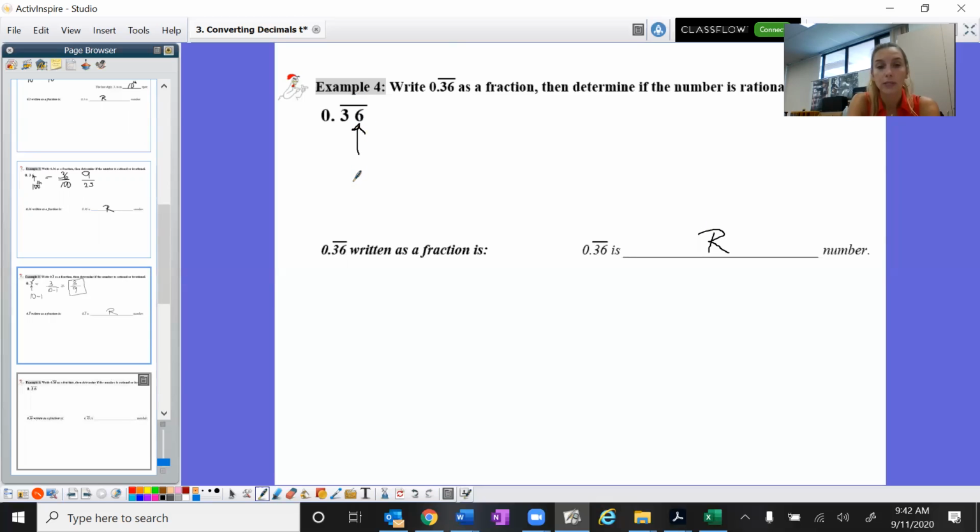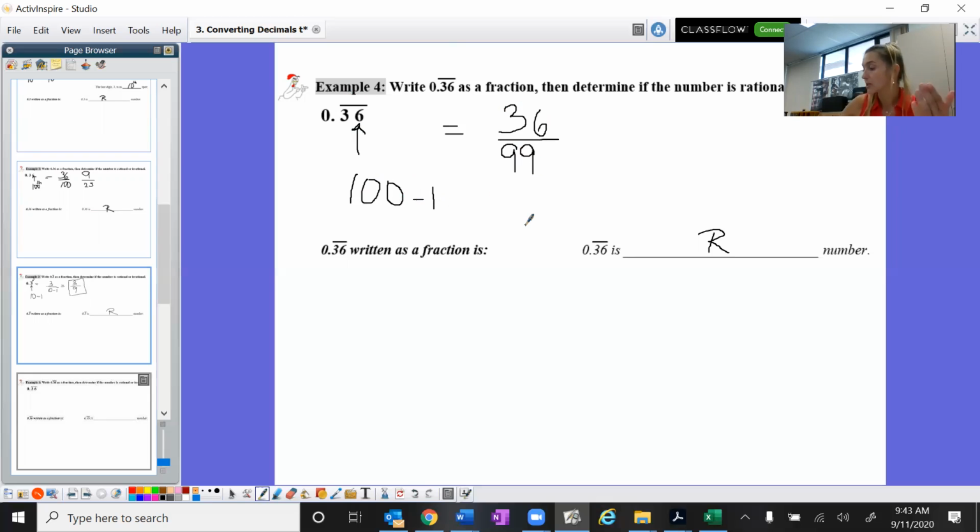And I know the 6 is in a 100 spot normally, right? But because it's repeating, as we said, when it repeats, subtract 1. So the answer to this is 36 over 100 minus 1, which is 99. Anytime a digit repeats, subtract 1.